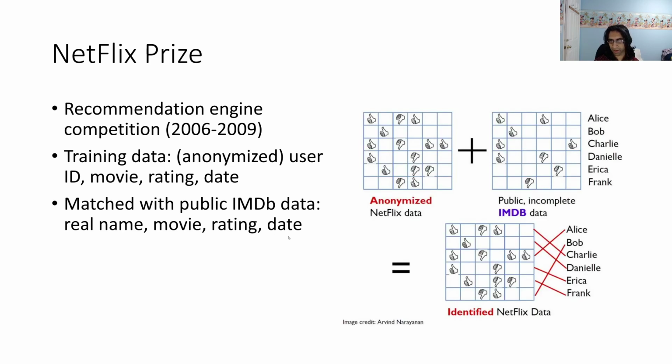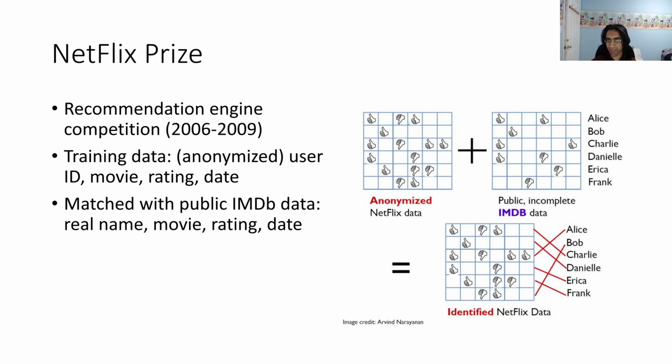Displaying this in a type of picture here, you can see an image of what might have happened. This is a caricature by Arvind Narayanan, but it demonstrates the nature of the attack. You can see we have this public incomplete IMDb dataset, which shows which movies certain individuals liked, for example, Alice, Bob, and so on. These are what they liked and what they didn't like.